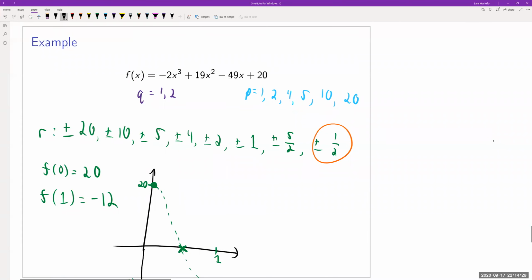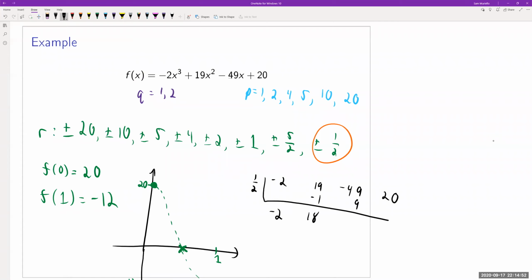We're going to do it using synthetic division here. So I will put the 1/2 that I want here, and then I have negative 2, 19, negative 49, and 20. Again, we'll bring down the negative 2, multiply here gives me negative 1, and I get 18.